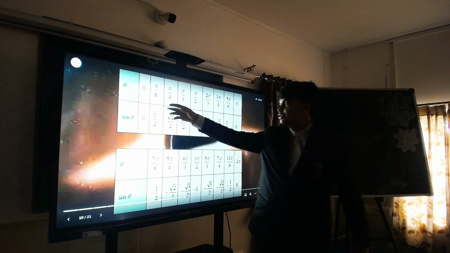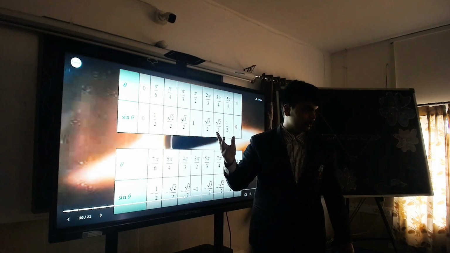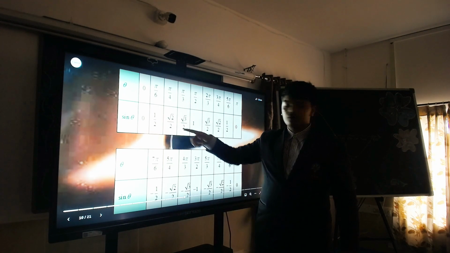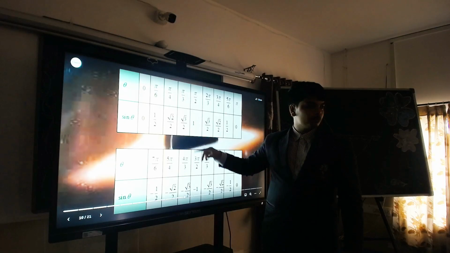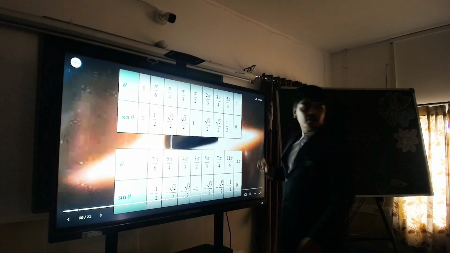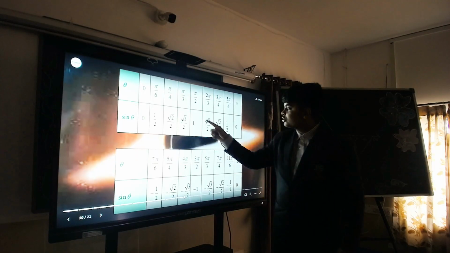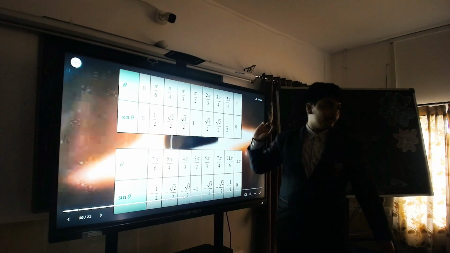What it signifies: 0 is 0 degrees. Pi by 6 is half the value. Then pi by 4 is root 2 by 2. Then pi by 3 is root 3 by 2, which is 0.87. Then pi by 2 gives 1. Then it starts going down again: root 3 by 2, then half, and goes down until pi is 0.